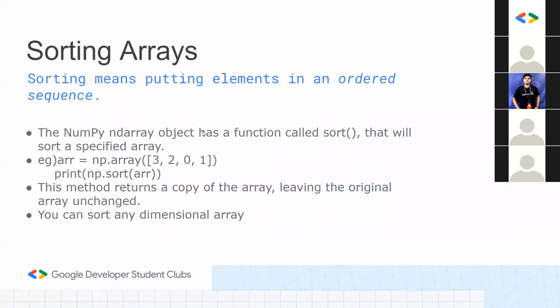Okay. Now, sorting arrays. Sorting is basically putting elements in an ordered sequence. The NumPy ndarray object has a function called sort that will sort a specified array. In this example, the array is an ndarray with 3, 2, 0, 1, and then we call np.sort and pass in the array.